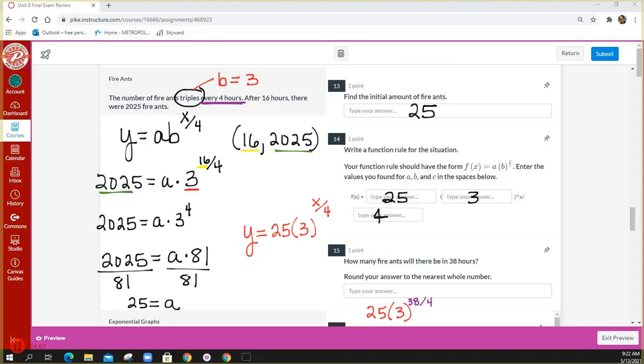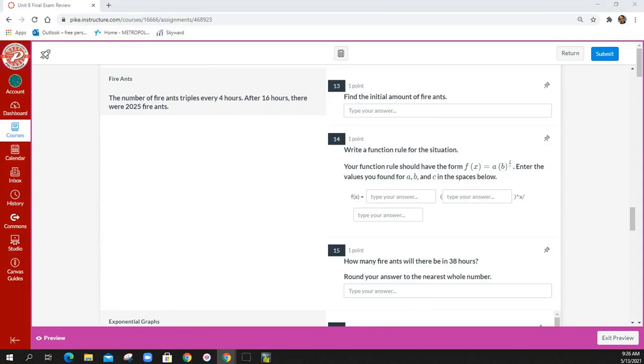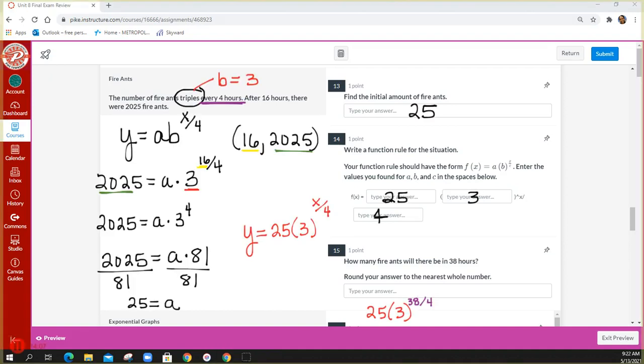So let's type that in, and we're going to round to the nearest whole number. So if you type that in your calculator and we round to the nearest whole number, that would give us 852,299 ants.